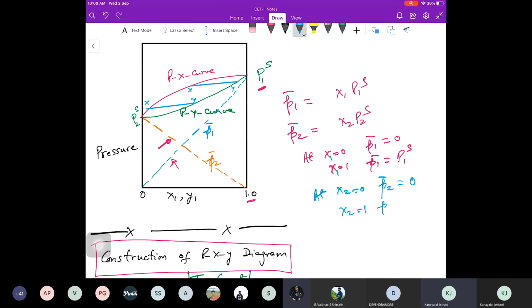P2s. Right. So P2s and 0, ये दो line draw हो जाएगा. That is P2 bar. समझ में आया?